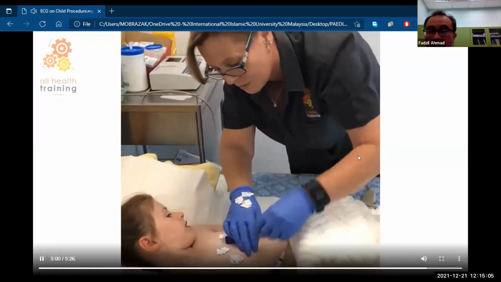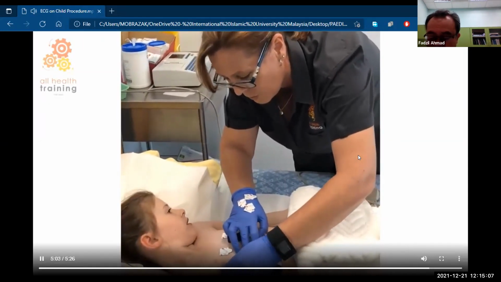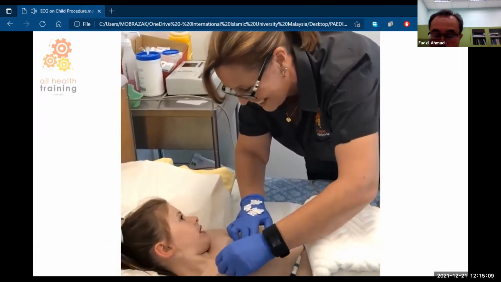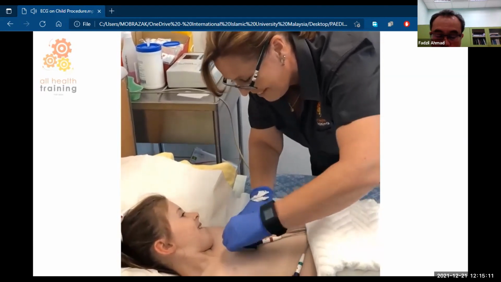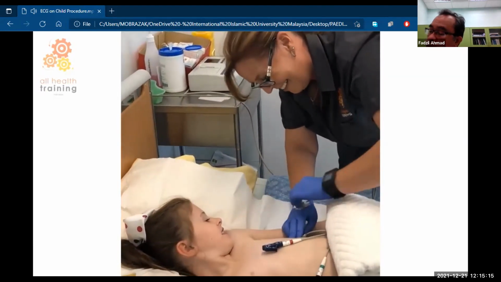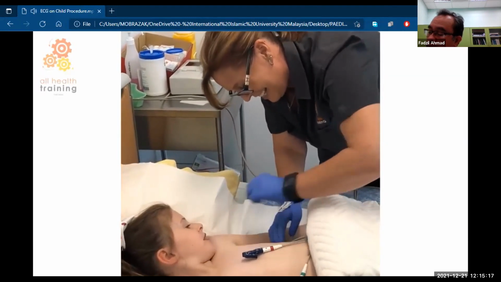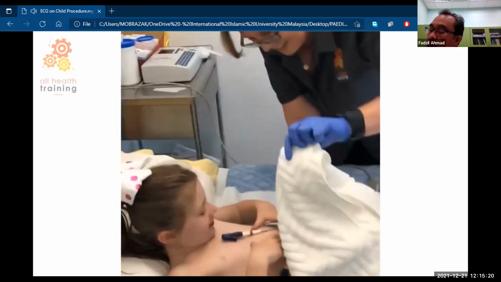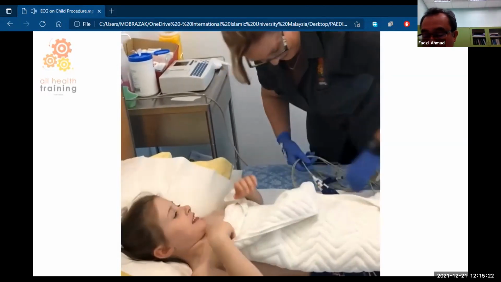And then we're going to just peel them off. Ooh, that one's a little sticky, isn't it? Ouch, lucky you're not hairy. Last one. Good girl. And we're going to slide them out of there.